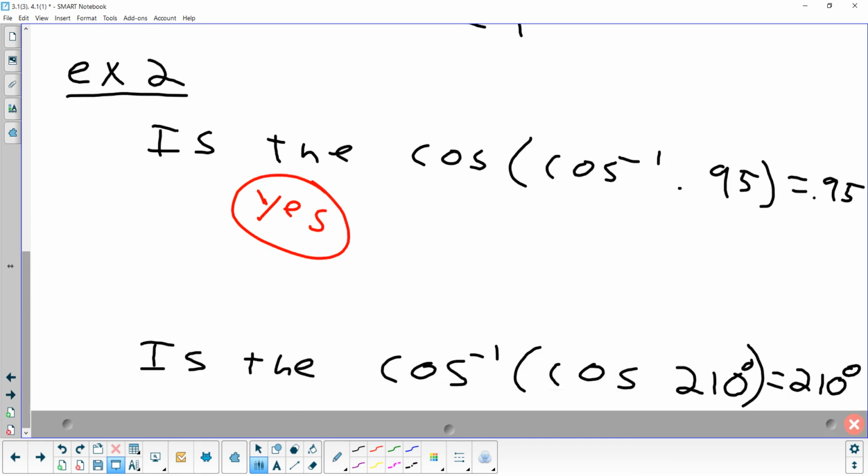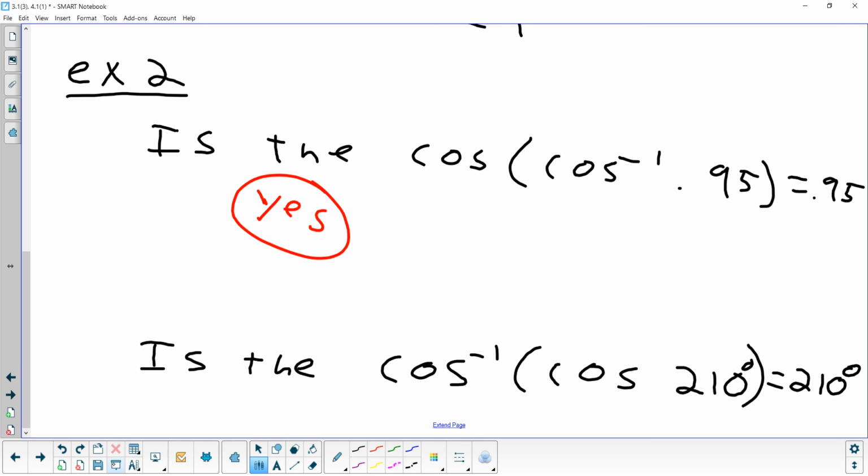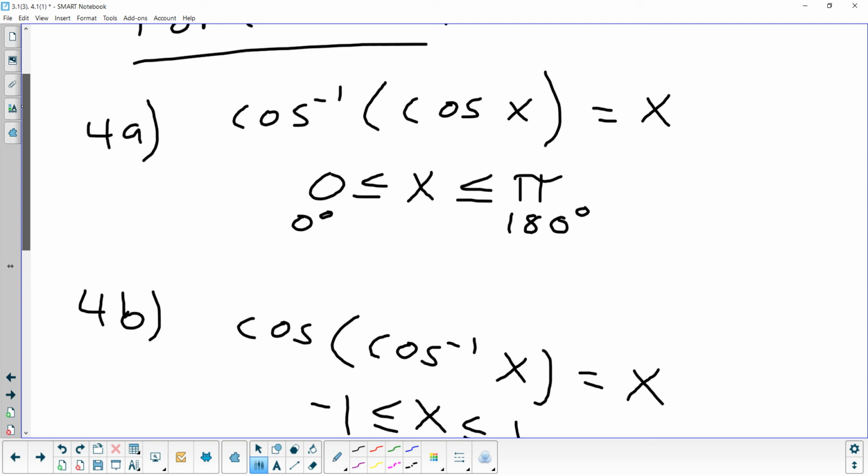All right, let's look at this one. The inverse cosine of the cosine of 210 degrees. So Jacob, which formula does that one look like? 4a. Yep. Inverse is on the outside.